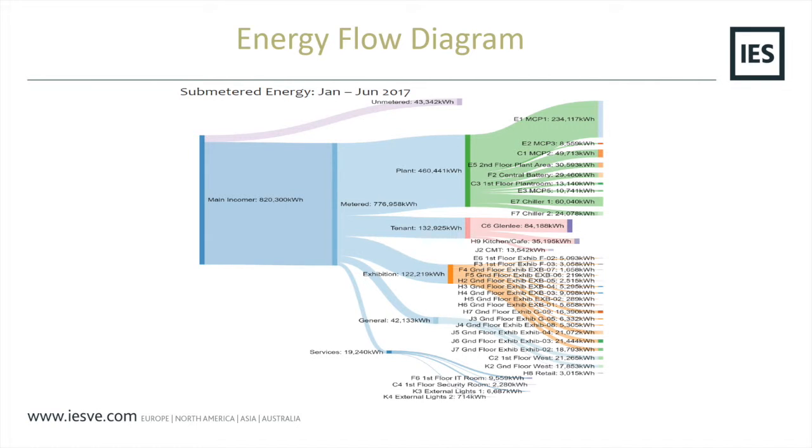If your submetering strategy is good, then you should have a relatively small component of unmetered use. Again, we can see that the MCP panel takes the biggest energy flow. For some of this stuff down here, it's not really much use. I think these ones down here are all doing the exhibition lighting.